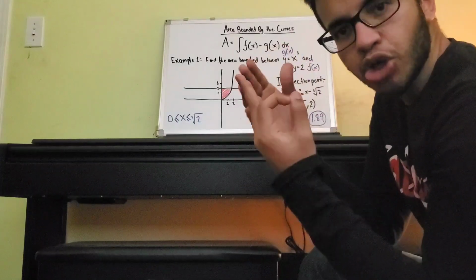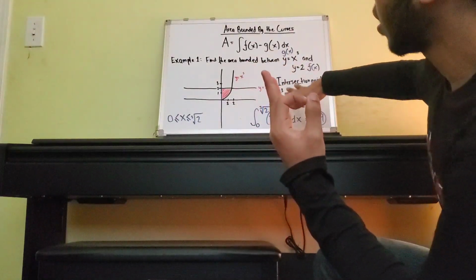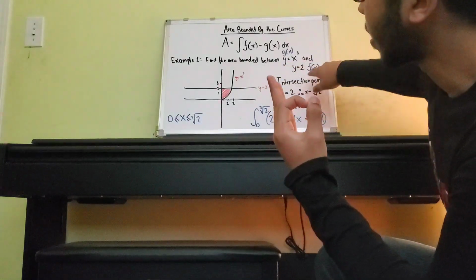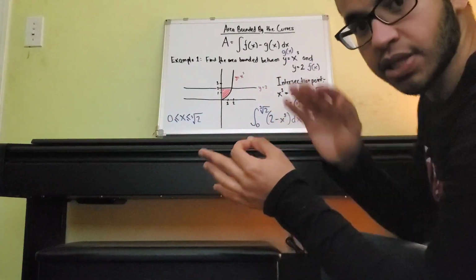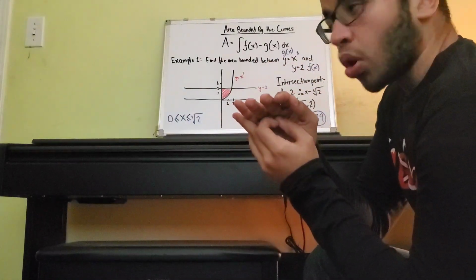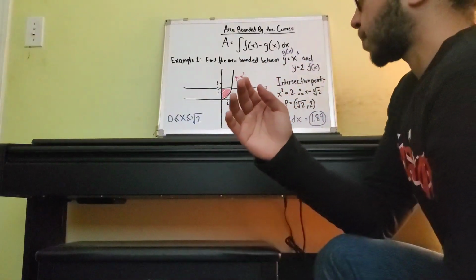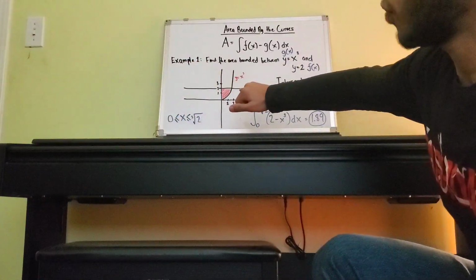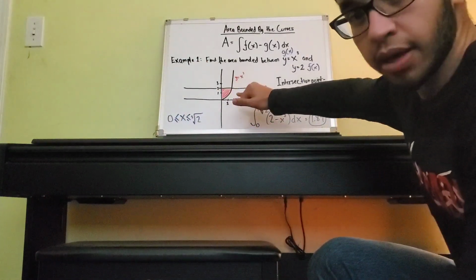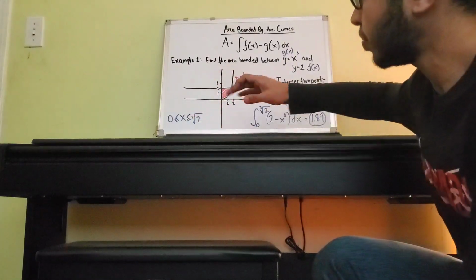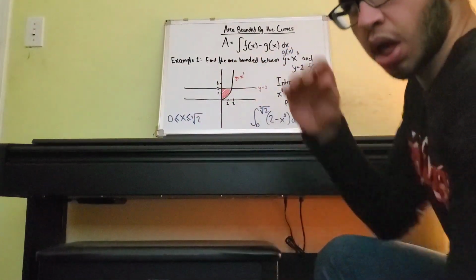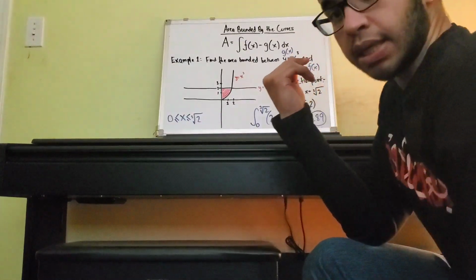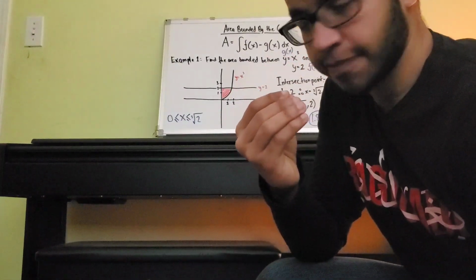You can also use that logic where, let's say, you use x cubed as f of x and y equals 2 as g of x. You are most likely going to have negative area, sorry. So moving on, we're trying to find the shaded area bounded between these two curves. First thing you need is the intersection points.